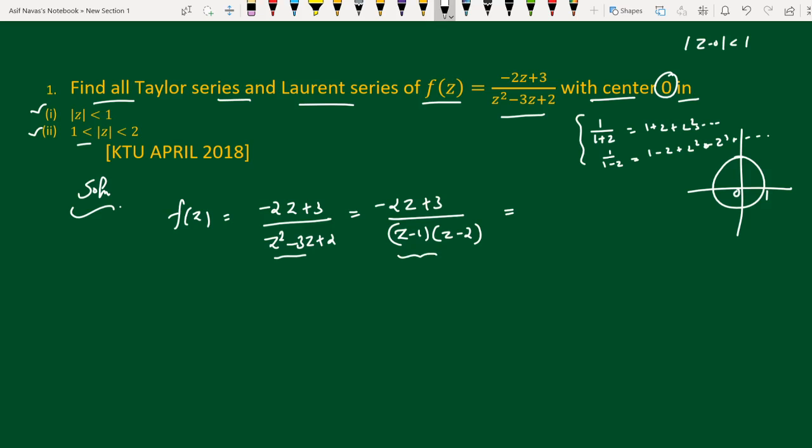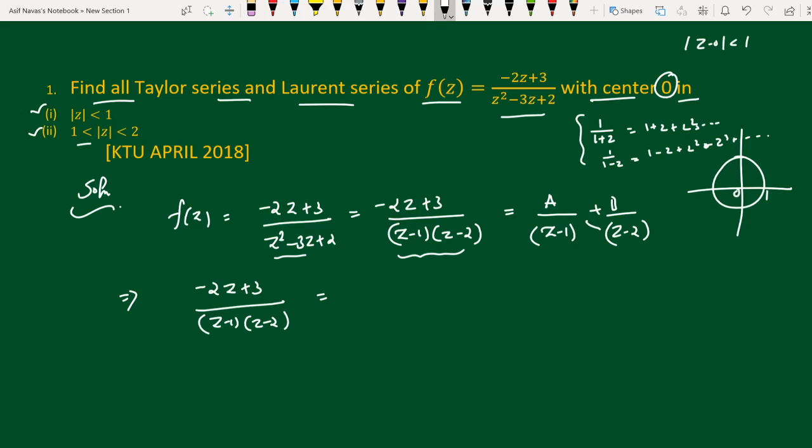So this can be written using partial fractions as A by z minus 1 plus B by z minus 2. Which implies minus 2z plus 3 divided by z minus 1 into z minus 2 is equal to, if you cross multiply, A into z minus 2 plus B into z minus 1 divided by z minus 1 into z minus 2.